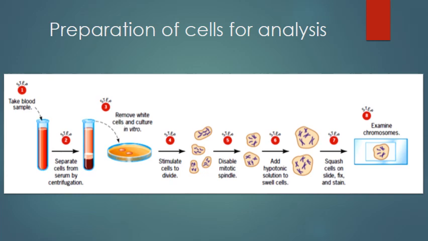However, the development of cell culturing techniques has made it possible to study chromosomes in other types of cells. For example, human white blood cells can be collected from peripheral blood, separated from non-dividing red blood cells and put into culture, as I have shown you here.